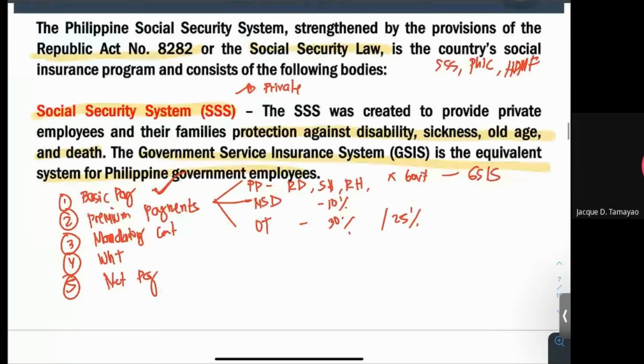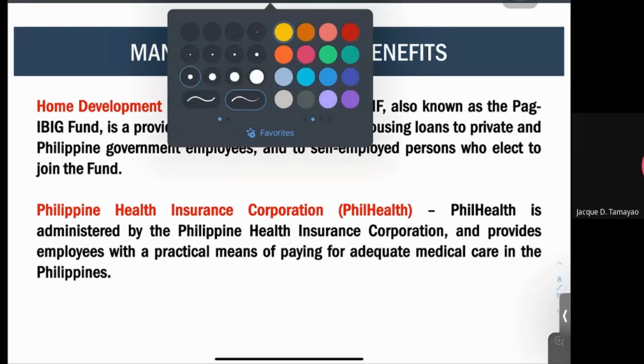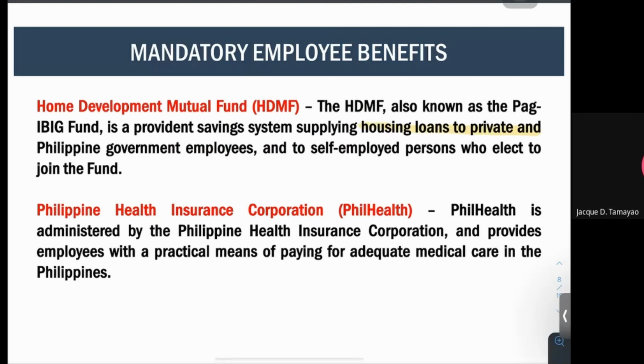Next mandatory employee benefit is your HDMF. HDMF or Home Development Mutual Fund, it is also known as your Pag-ibig Fund. It is a provident savings system supplying housing loans to private and Philippine government employees and to self-employed persons who elect to join the fund. So the security or benefit is housing loan to private and government employees.